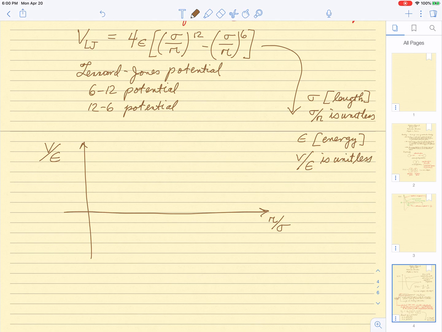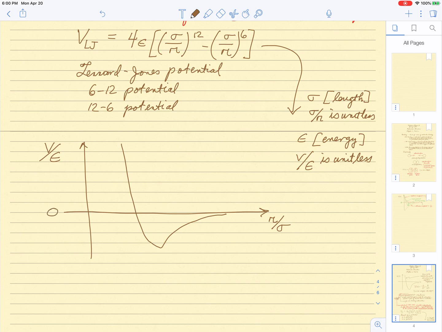This happens a lot in physics, and we've encountered it a couple of times when we looked at the harmonic oscillator. We actually put that into a unitless form. And so, again, if we look at V over epsilon as a function of R over sigma, then this is going to look something like so. Again, very much like the previous form of the potential that we looked at for interacting particles. And so, again, this is going to be 0.